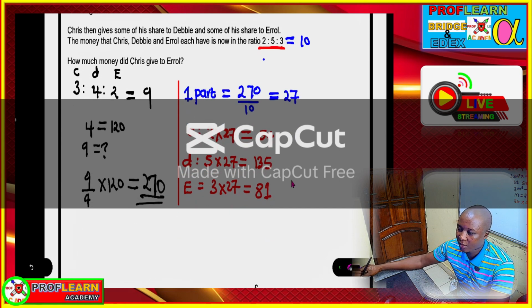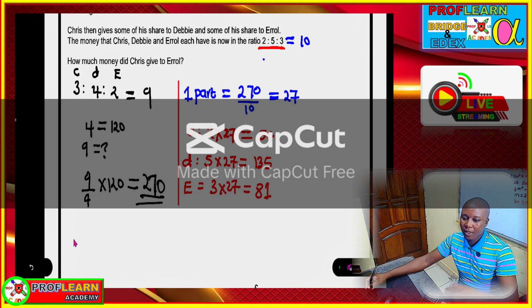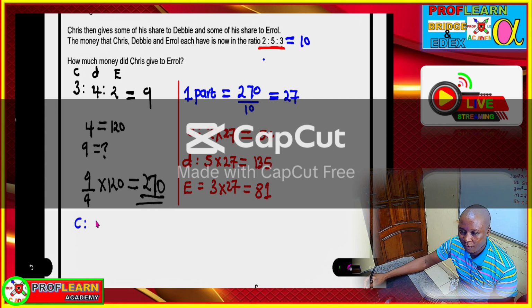But in their first ratio, initially, we can reason here and try to work out what amount Chris was having. Chris was having 3/9 times 270. So Chris was having how much?